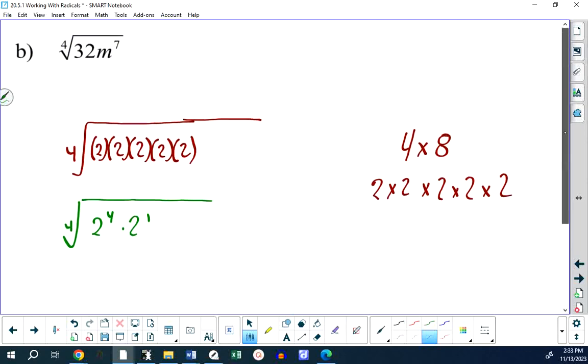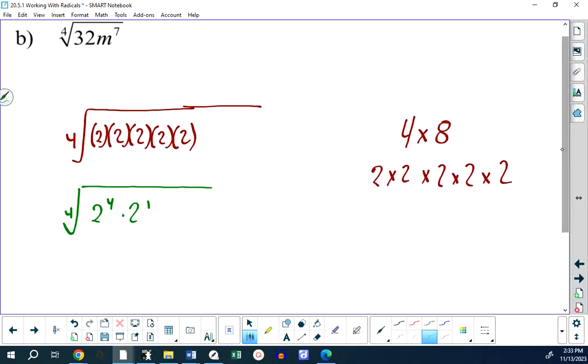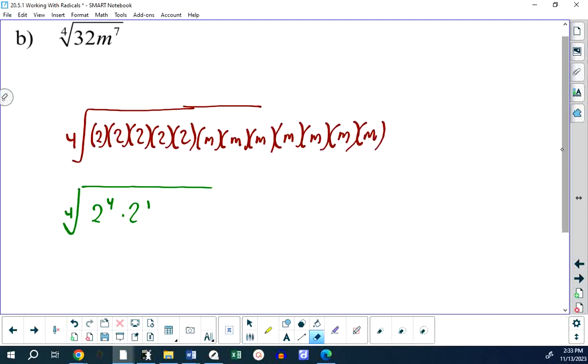How many m's do we have? So you could do this. You could go m, m, m, m, m, m, m. It's just scrap paperwork. You can do that, or you can, I don't know if visualize is the right word.